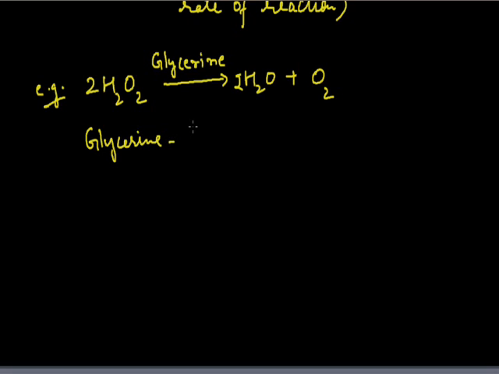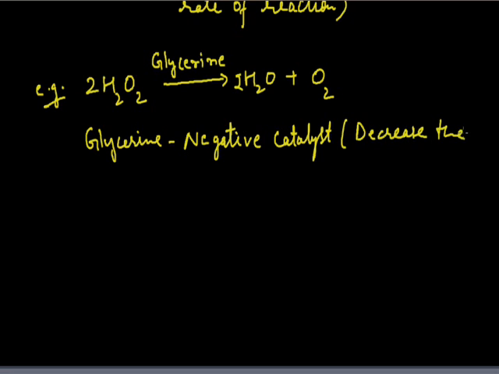Hence glycerin acts as a negative catalyst. That is, it decreases the rate of reaction. Hence, catalysts can have both positive and negative effects on the rate of a chemical reaction.